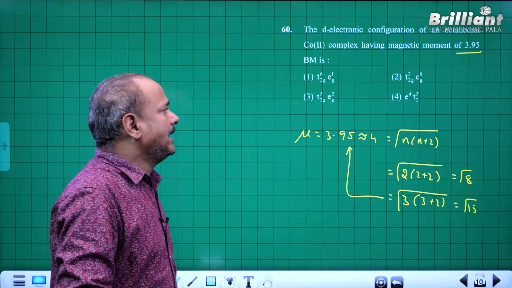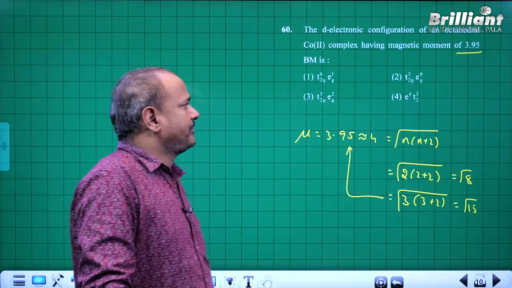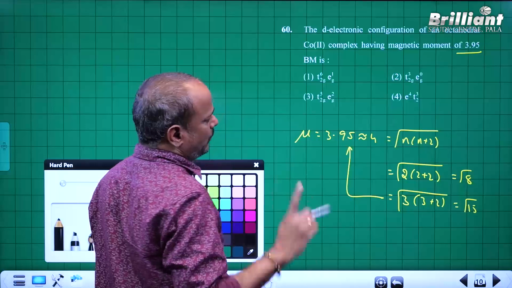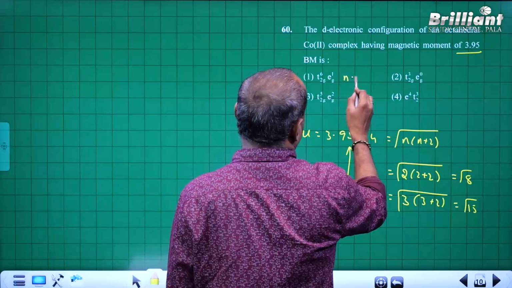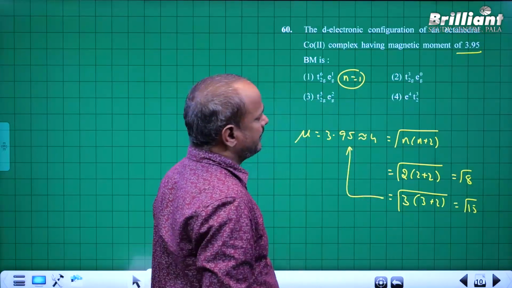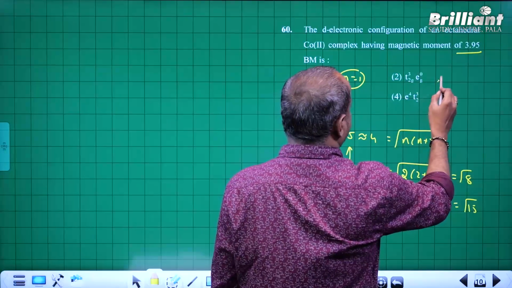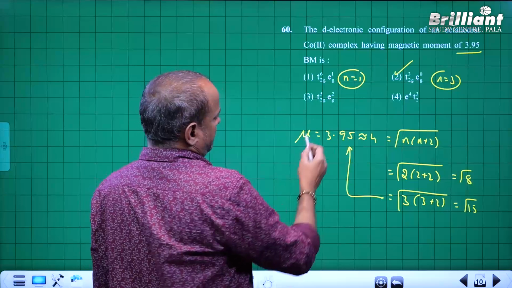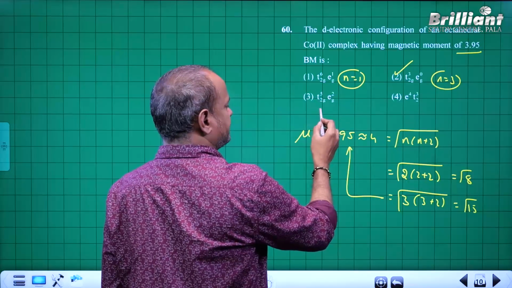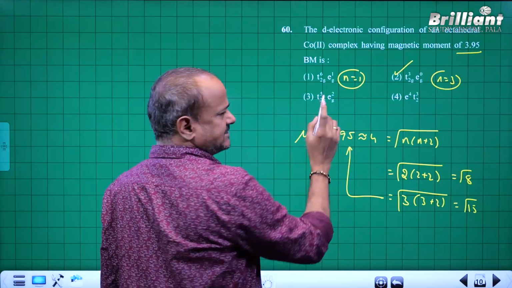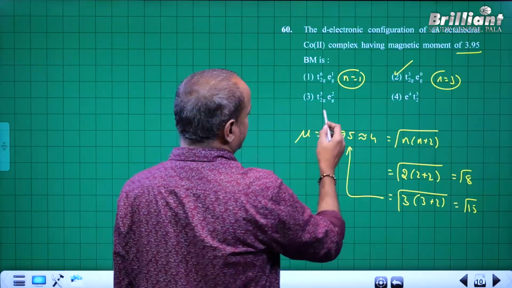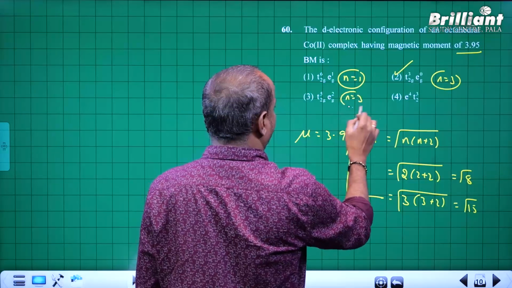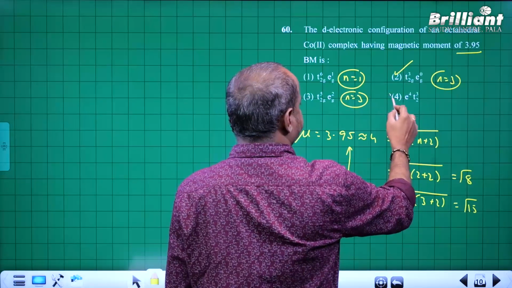That means 3 unpaired electrons are required. So t2g6 fully filled has no unpaired electrons. t2g3 has 3 unpaired electrons. t2g5 means 1 unpaired. eg2, 2 unpaired, totally 3 unpaired.